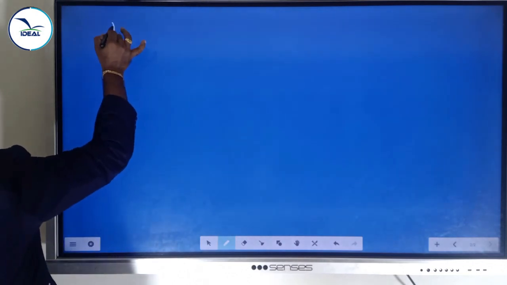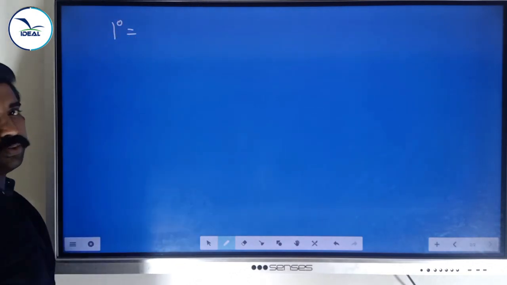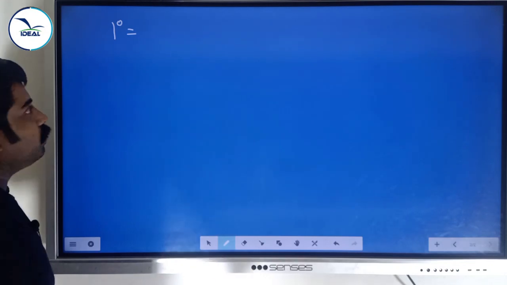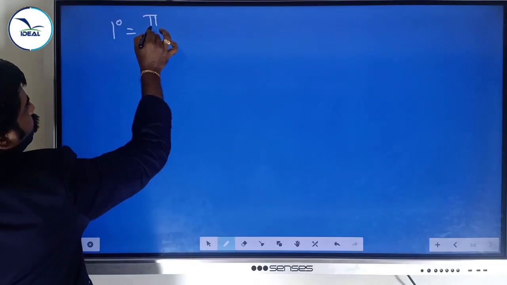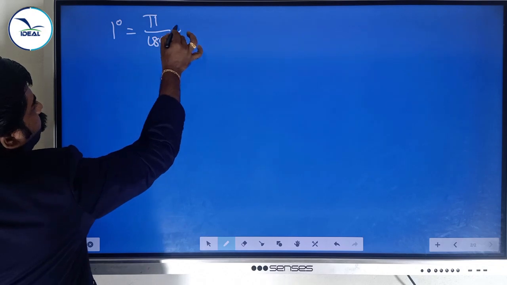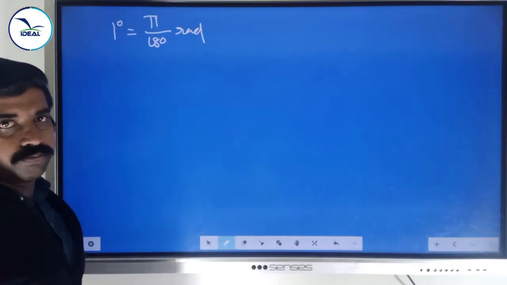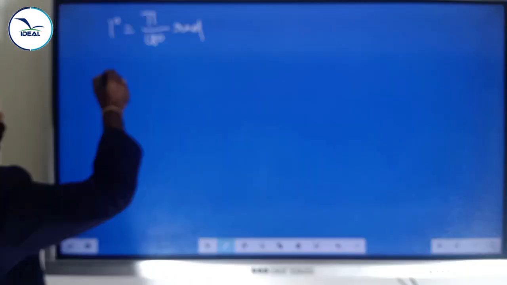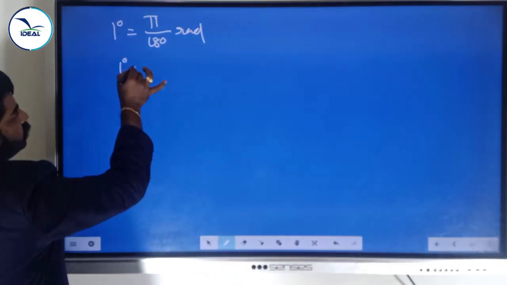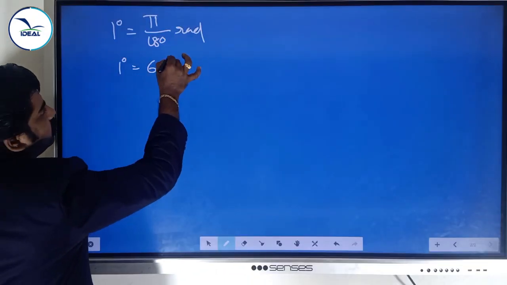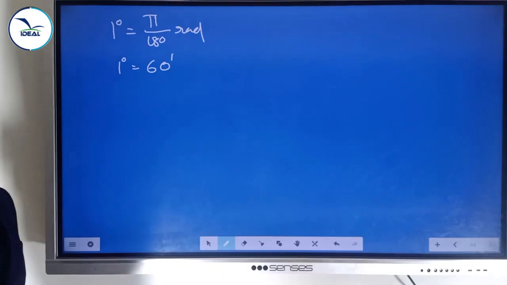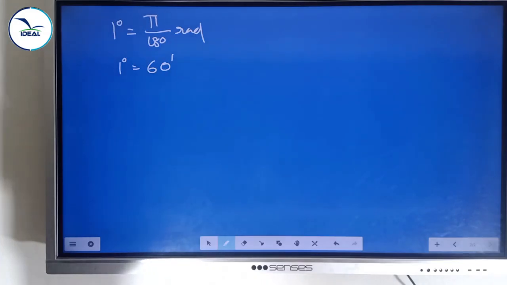For that we have 1 degree is equal to pi by 180 radian. We know that 1 degree is equal to 60 minutes.